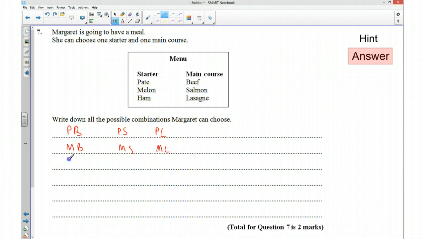Or we could have had the ham and the beef, the ham and the salmon, and the ham and the lasagna. Okay. The key to writing down possible combinations is always do it using a method. Don't try to be random about what you're doing. Always follow a pattern and develop a method for doing it. So 2 nice easy marks there.